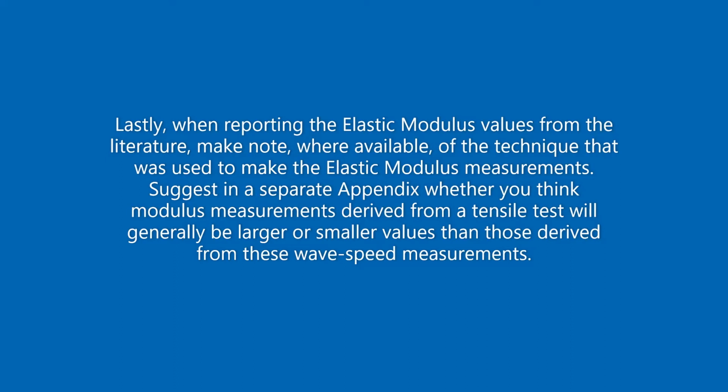This is an important point. We'd like you to explain the rationale for why you think the values would be larger or smaller from the measurement from a tensile test compared to the way we measured the modulus values in these experiments.